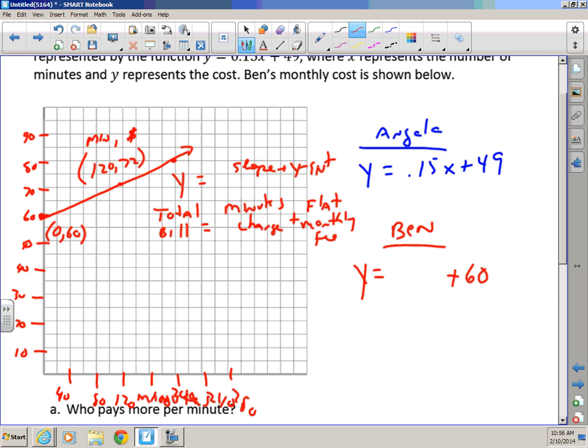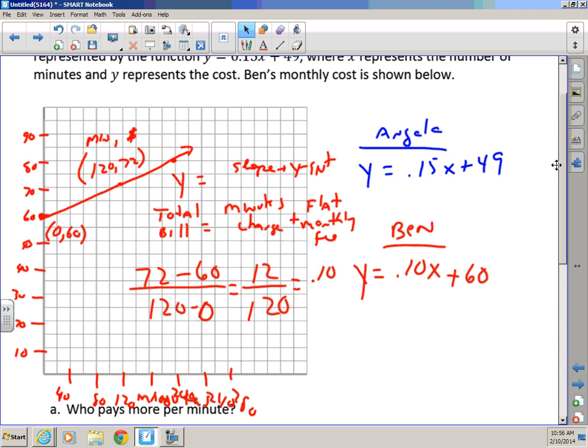So how do I figure out his minutes cost? 72 minus 60 over 120 minus 0. So he gets charged $12 for 120 minutes, which works out to be 10 cents a minute. Okay? Because you want to turn it into a decimal since it's relating to money.